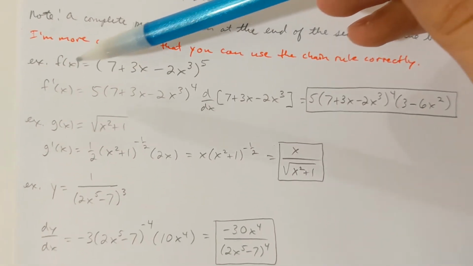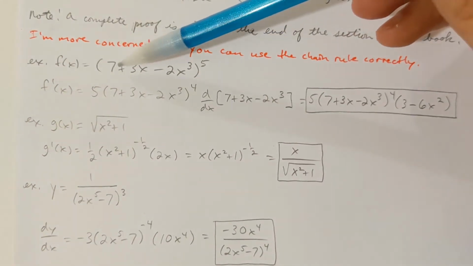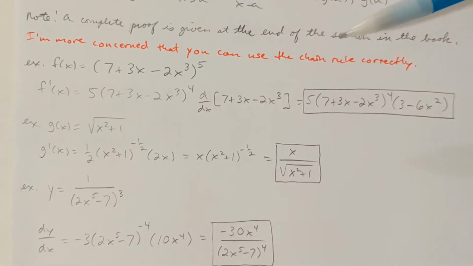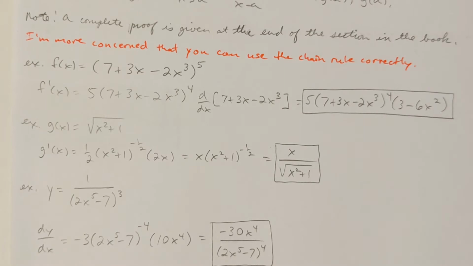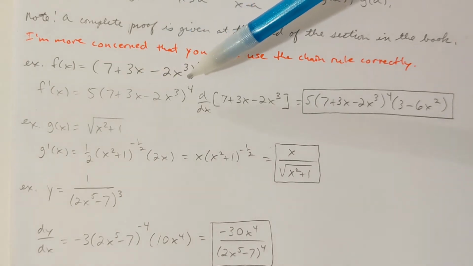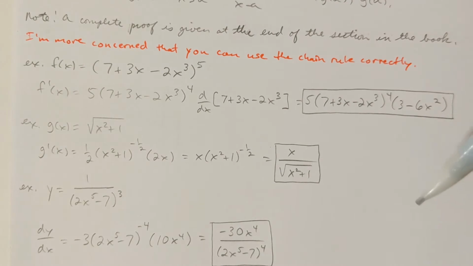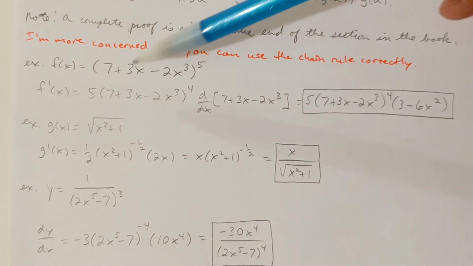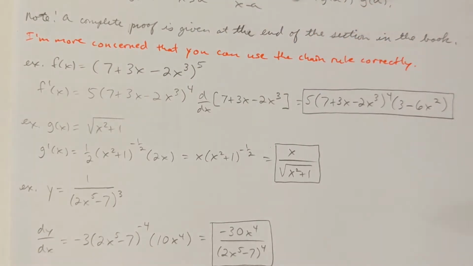Suppose that I want to differentiate f of x equals 7 plus 3x minus 2x cubed, all that to the fifth. Okay, well this would be an ideal chain rule situation, okay? 7 plus 3x minus 2x cubed is inside of x to the fifth. So I'm going to begin the calculation as if it were just x to the fifth. I don't have x to the fifth, but that's how I'm going to start.